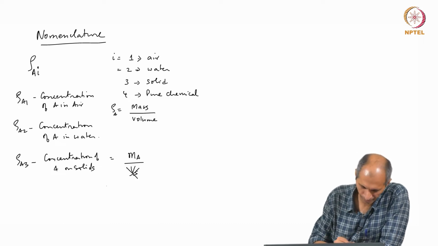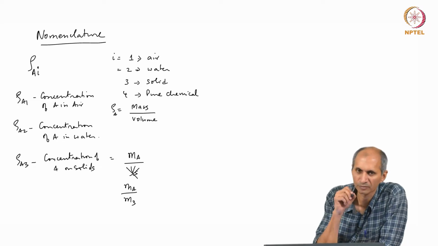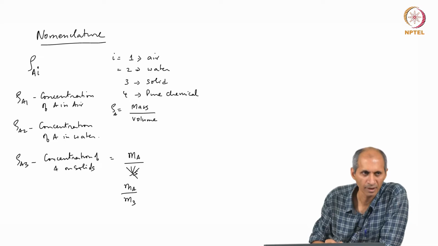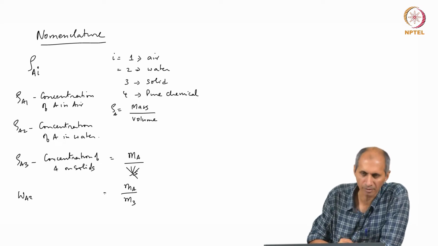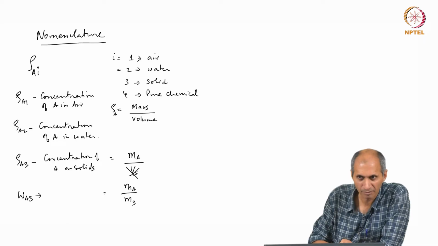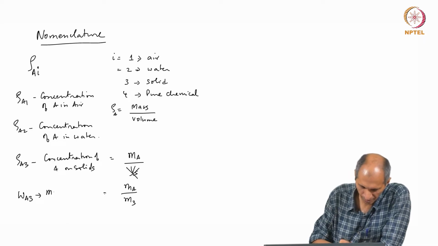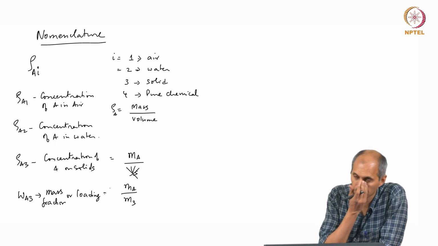We do this: Ma over M3, where M3 is the mass of the solid itself. So it is the mass fraction. The symbol is W or omega, whatever you can call it. This is the mass fraction. We also call it loading, WA3.